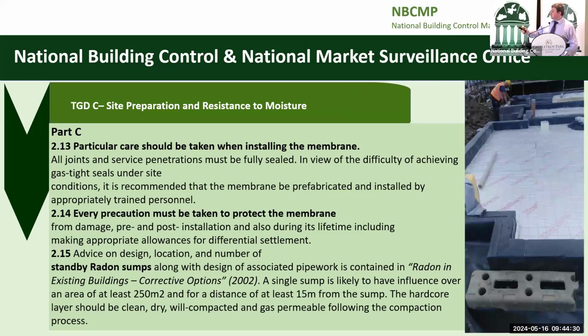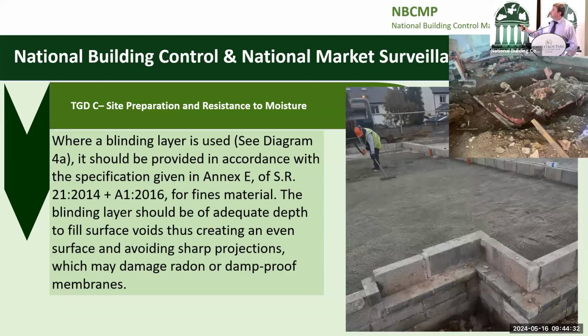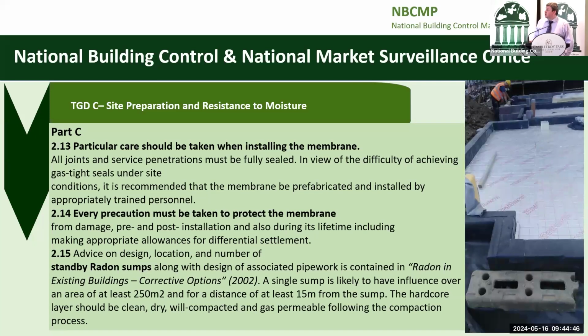But you can actually see here one of the houses that was remediated under the pyrite scheme, that's what they found in one of the houses. So, fit for purpose, fit for use. And it's the care and detail around the sealing and jointing that needs to be part of it. So whether it's a radon membrane or a DPM, you need to tape the joints.